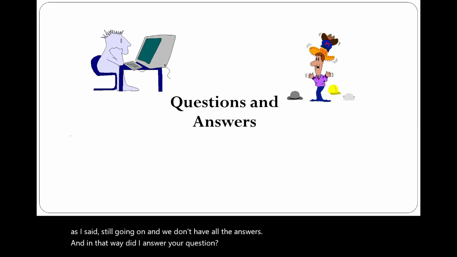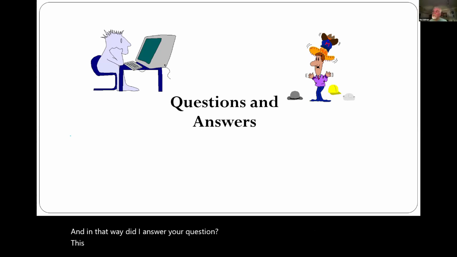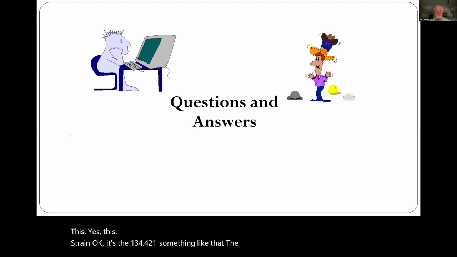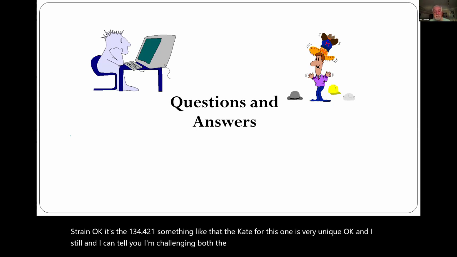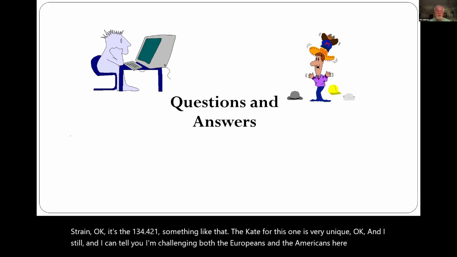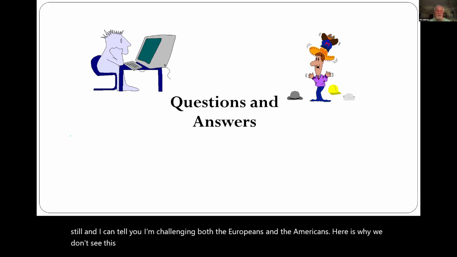Yes, thanks for your answer. We're just curious about the difference in the virus characteristics after moving into cattle. I think that's a big unknown. Well, yes, this strain, it's the 134.421, something like that. The code for this one is very unique, and I'm challenging both the Europeans and the Americans here: why don't we see this virus in other countries?